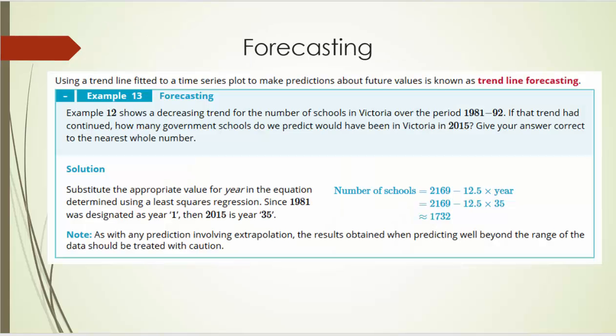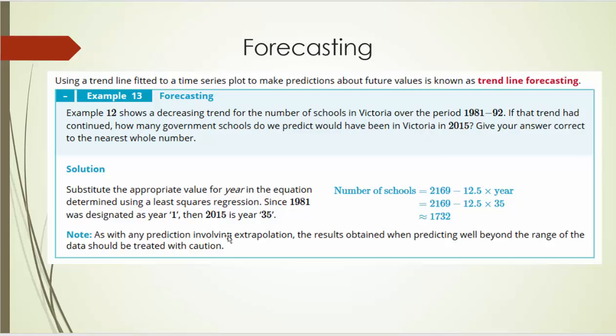Now let's make a prediction. So this is out of the textbook. They want to say how many government schools are predicted to be in 2015. Well, use your equation, y equals mx plus b, so the number of predictions will be 2169 minus 12.5 times 35, because 2015 will be 35 years from 1981.